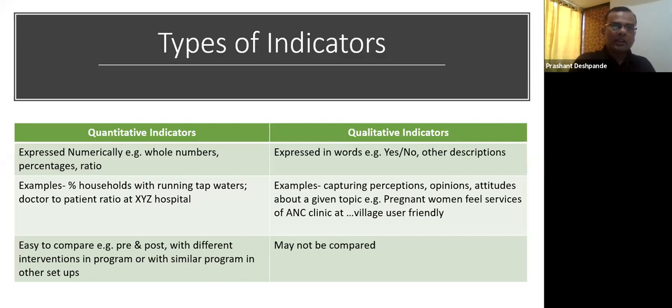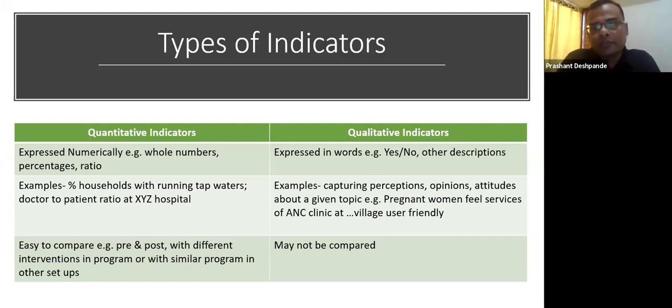An advantage of quantitative indicators is that they're easy to compare. We can have pre-test, post-test, pre-project, post-project evaluations, compare different interventions within our program, or compare our program with a different program.